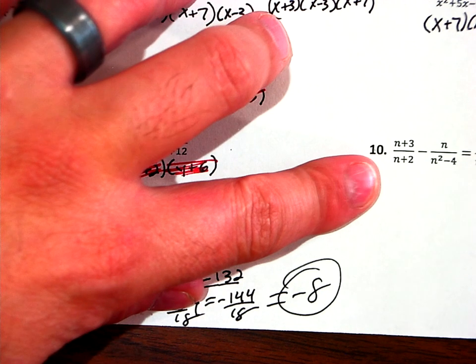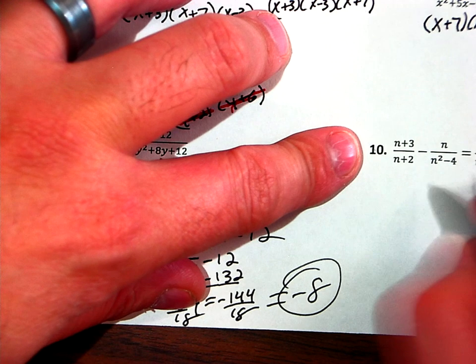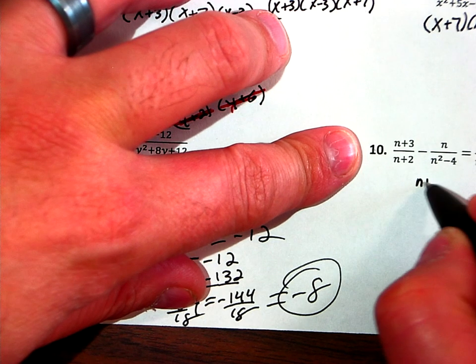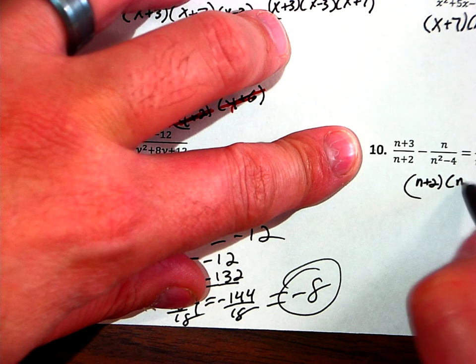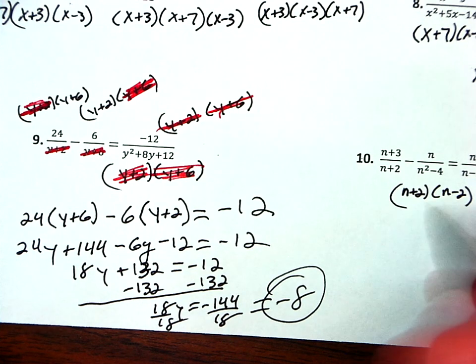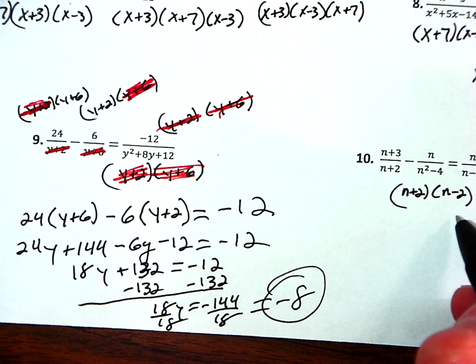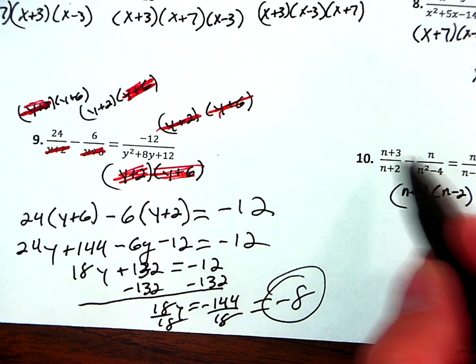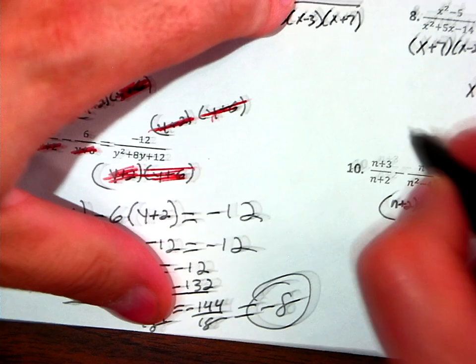All right, my least common denominator, will n squared minus 4 factor? So that is my least common denominator, n plus 2, n minus 2. So I need to multiply the tops, the numerators of all 3 of those by that.